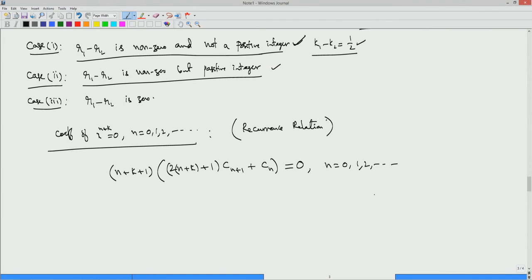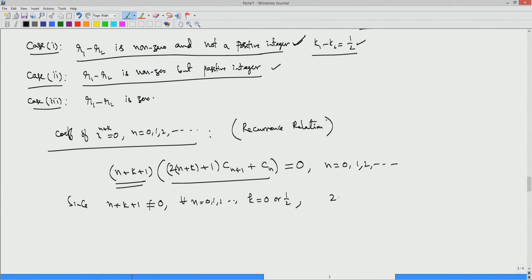With k equal to 0 or half, the factor n plus k plus 1 will never be 0 for every n equal to 0, 1, 2, 3.